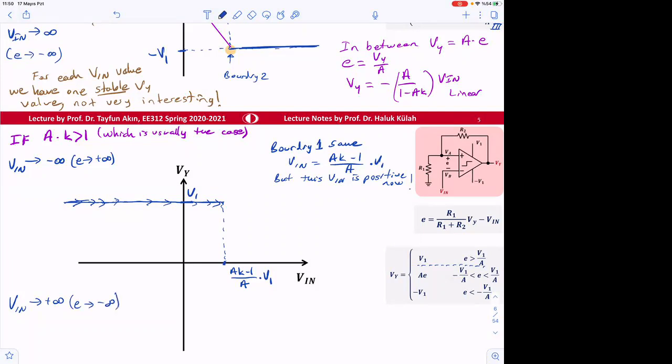Oops, we didn't give a break, huh? I forgot. I keep explaining, but I should explain this, sorry. So this time, the signal is going to be minus V1 coming from positive here. And the boundary 2 is going to be negative this time.